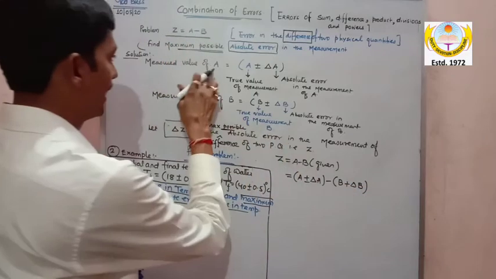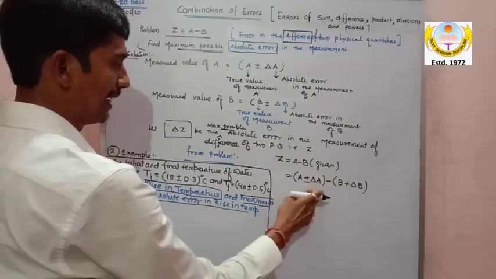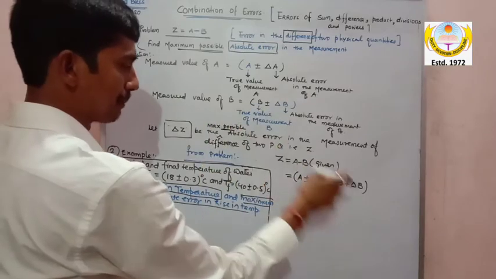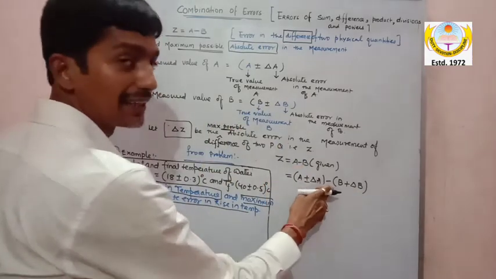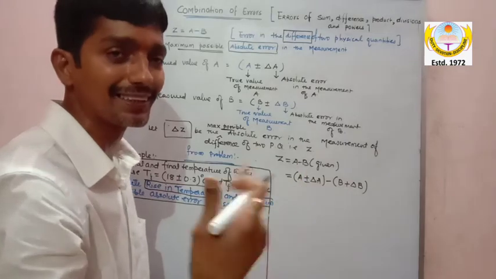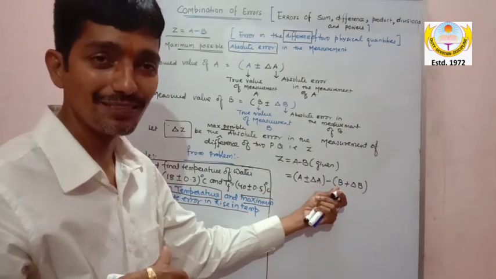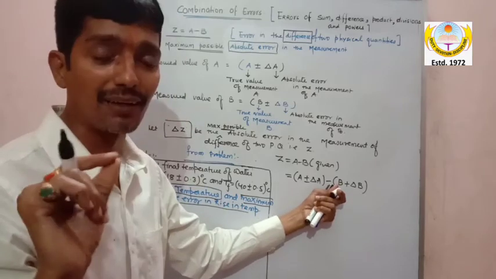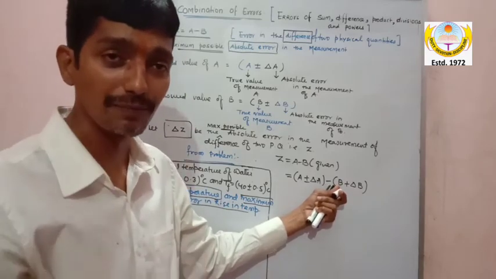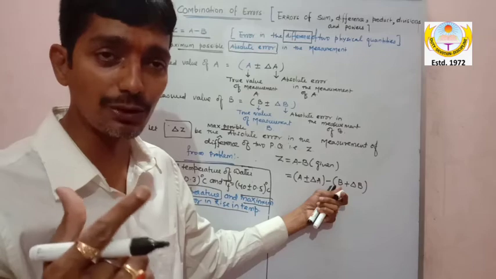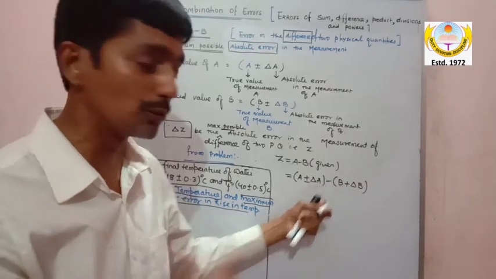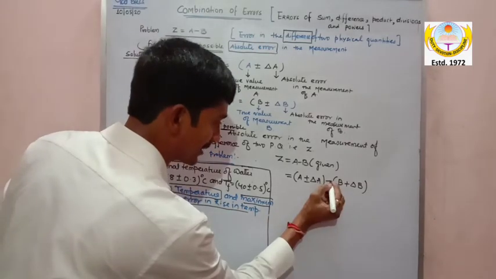You can see a is a plus minus delta a and b is b plus minus delta b. In between there is a minus; earlier it was plus. Now it is a difference question. Earlier it was the sum of two quantities, now it is the difference of two quantities. So here it will be minus.